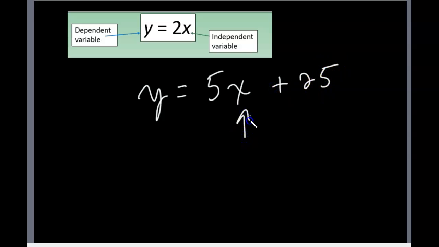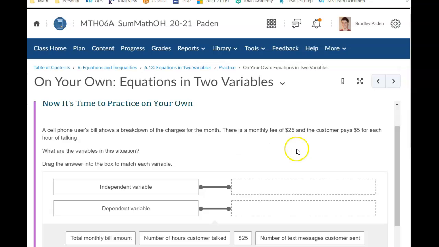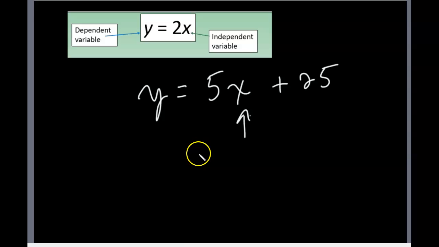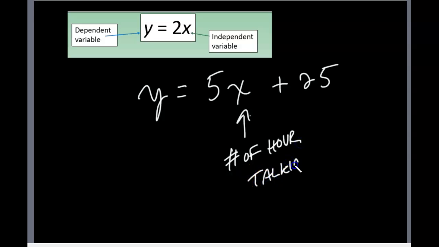So my x, my independent variable, would be the number of hours talking. $5 for each hour of talking, it says here. So x would be number of hours talking. So I think that's going to be my independent variable.